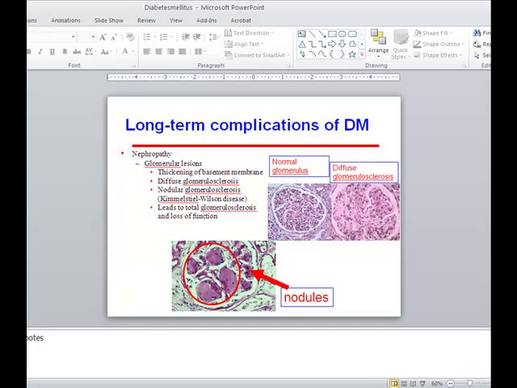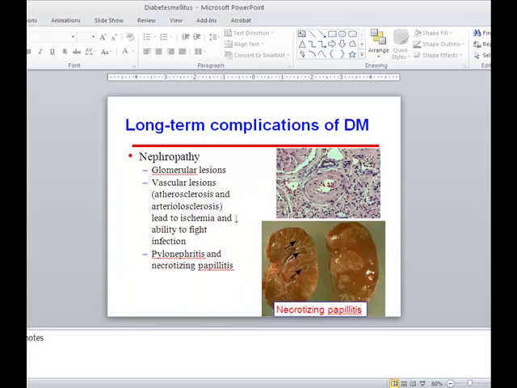And this happens, and of course once your glomerulus gets thick, there is reduced blood flow, filtration is affected, and once your kidney is not filtering, there's loss of function. These individuals would then need other types of treatments. So you could have lesions with the glomerulus, or you could have lesions with the other blood vessels that are supplying the tissues of the kidney.